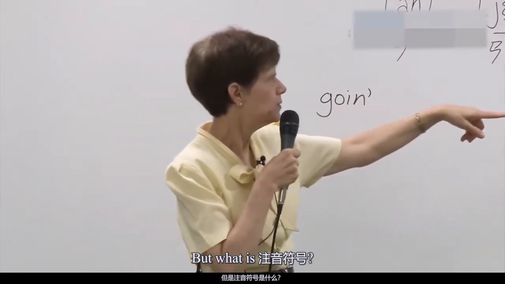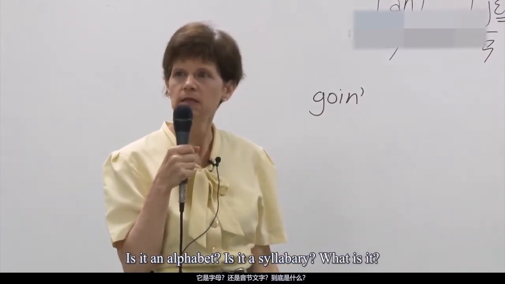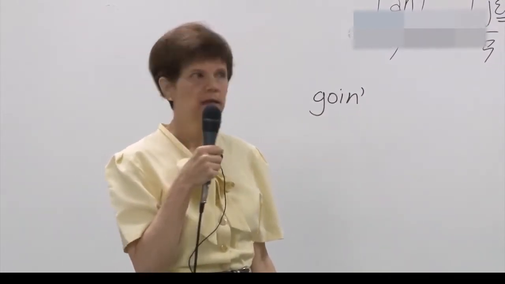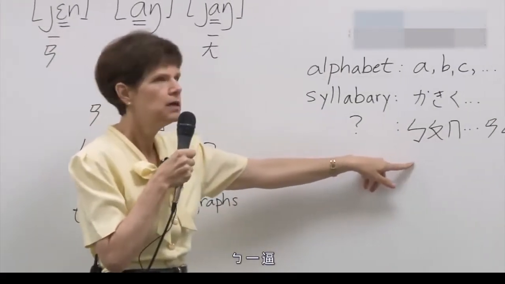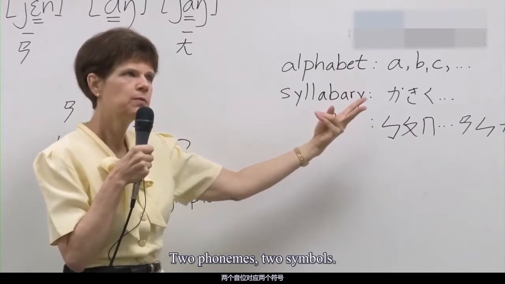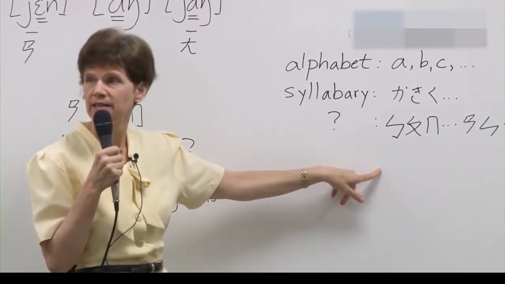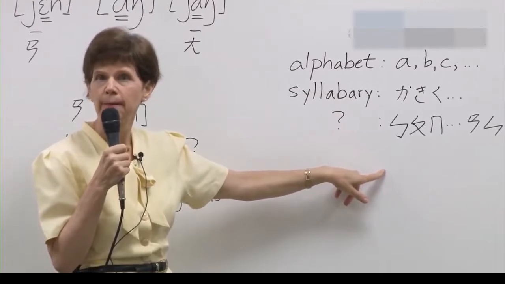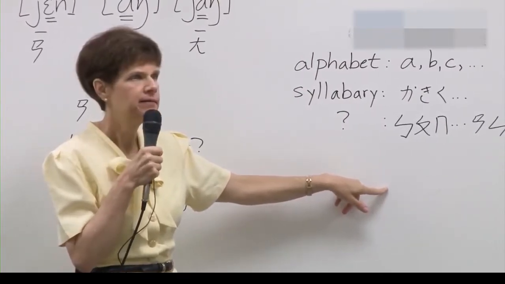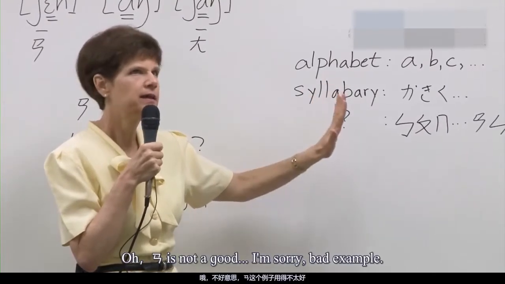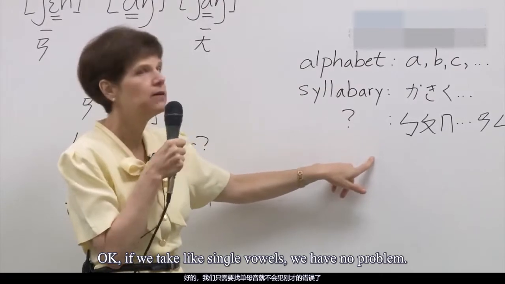But what is 注音符号? Is it an alphabet? Is it a syllabary? What is it? Yeah, but what about b, e, b? 2 phonemes, 2 symbols. Isn't it behaving like an alphabet? Man, m, a, n, man. Oh, an is not a good, sorry, bad example. Okay. If we take like single vowels, we have no problem.